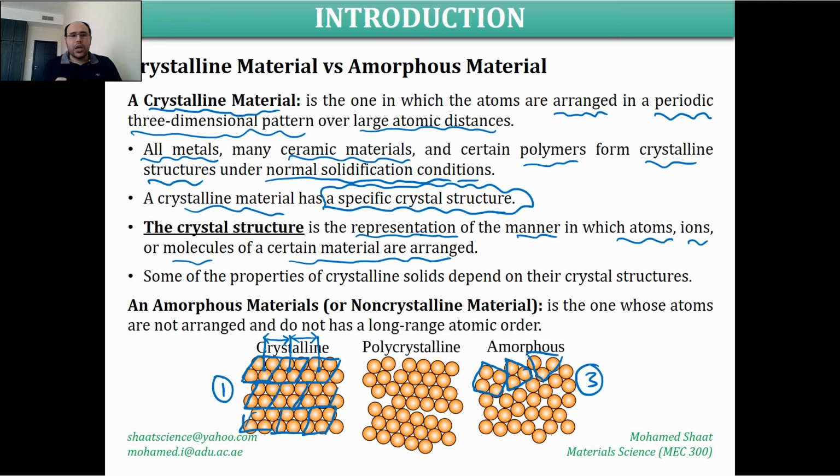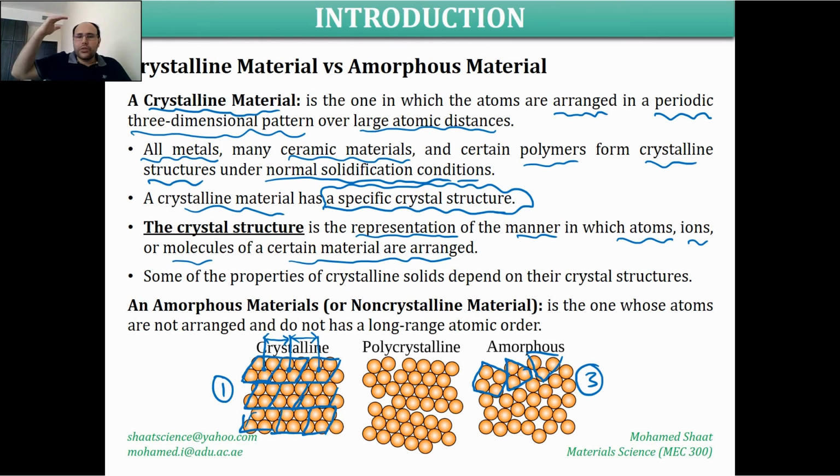Make sense? So, in general, a crystalline material is a material with a crystal structure. But what does a crystal structure mean? It is the arrangement of atoms, how we are arranging atoms inside the material.